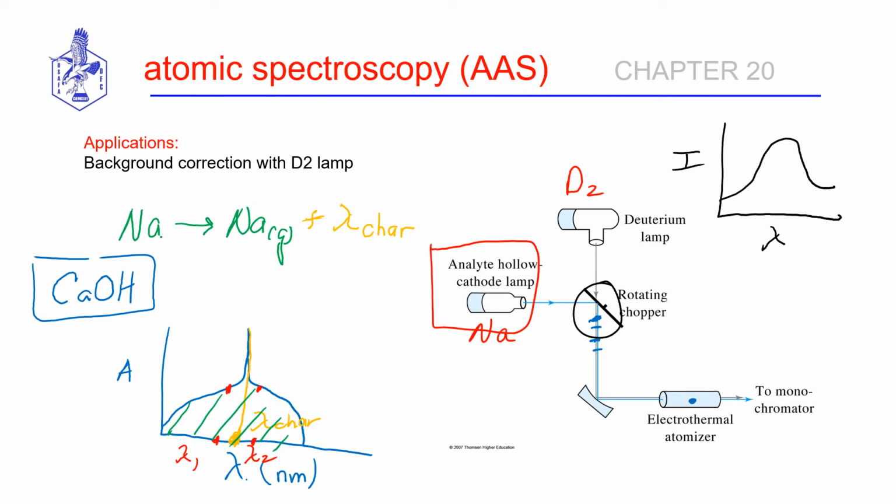If I just draw a straight line across those two, then I can estimate the absorption happening at my characteristic wavelength from the interfering species, separate from the absorption coming from my analyte species of interest. So using a deuterium lamp, I can make the measurements on either side of my characteristic wavelength, and then I can subtract that background contribution to the absorption coming from my element of interest.